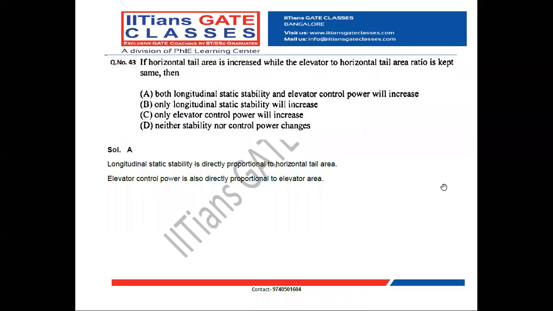What happens when the horizontal tail area is increased? What happens to the longitudinal stability? First we'll see that, then we'll see what happens to the elevator control power. Here, ∂Cm/∂α for the horizontal tail is nothing but minus ηt VH a_t (1 minus ∂ε/∂α). We have already seen this relation previously.